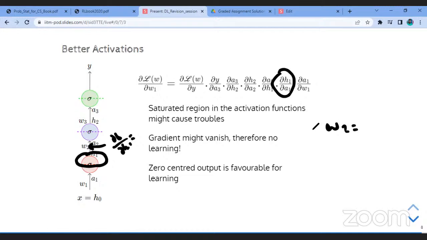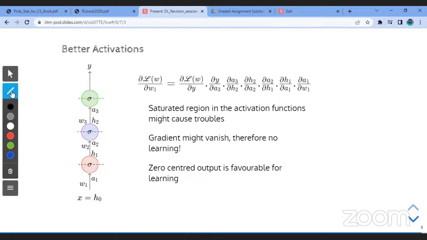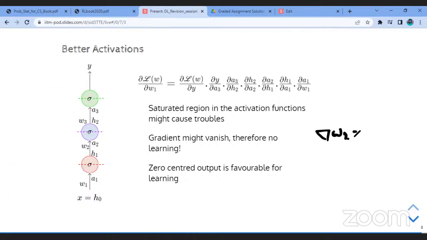So the gradient of W2 depends on two quantities. Which are those? To compute this, the gradient of W depends on H2 and W3, so it depends on H1, right?